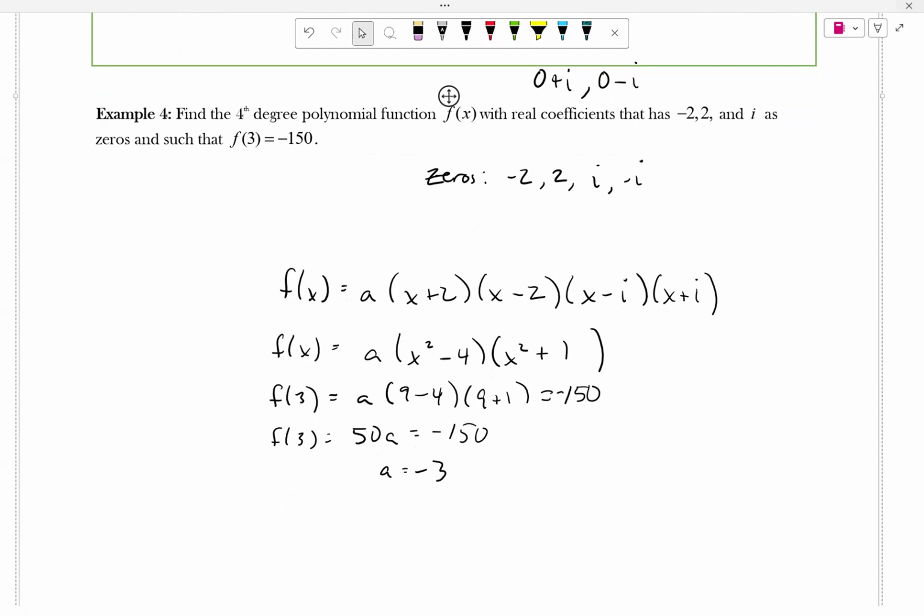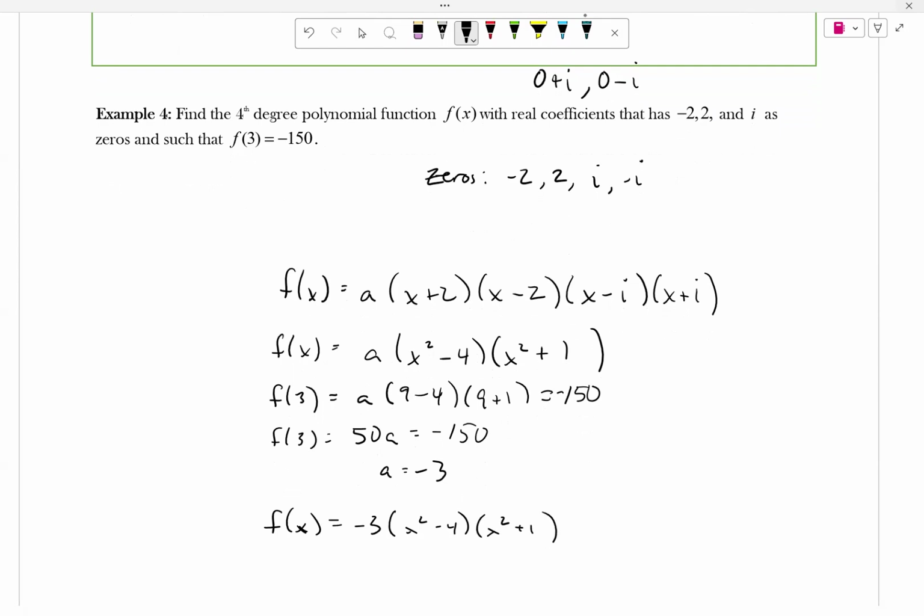So my answer is a polynomial. So my answer is actually f of x equals -3 times x squared minus 4 times x squared plus 1. You could multiply that out if you want to, but it's okay to leave it in factored form as long as I don't see any imaginary numbers.